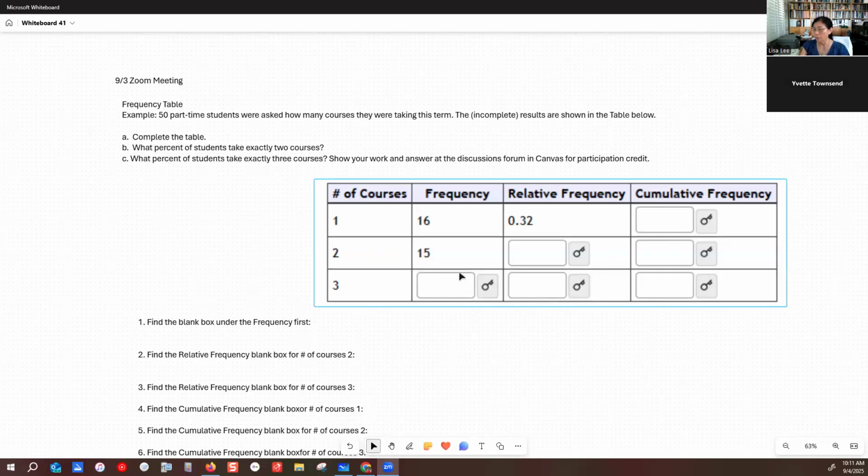In the table, it already shows 16 students who took one course only, and 15 frequency. That means 15 students were taking two courses. Then we have one blank box waiting for us to complete. So I will show the work here.